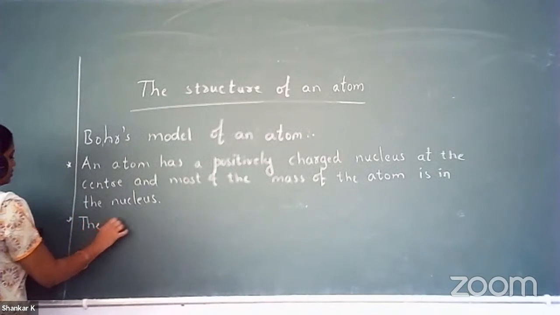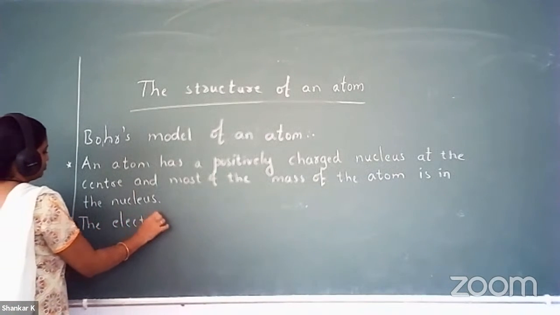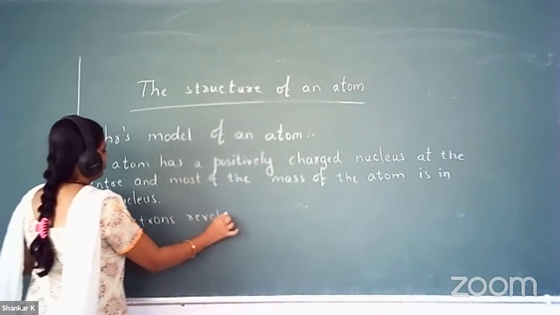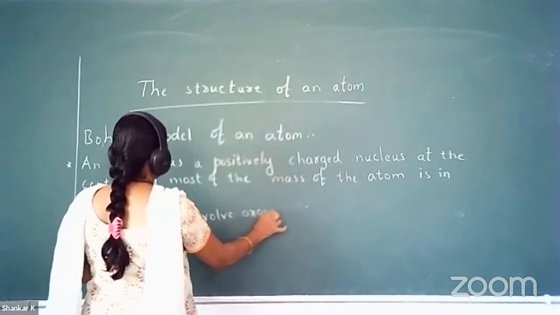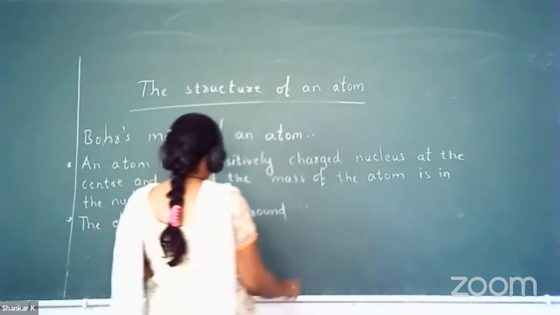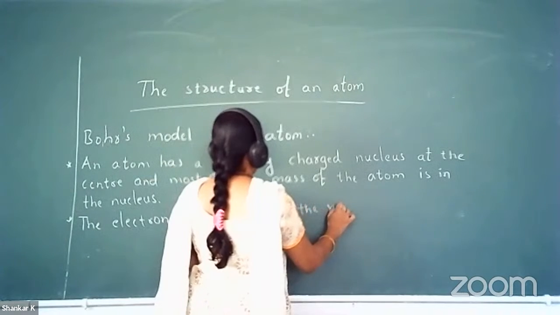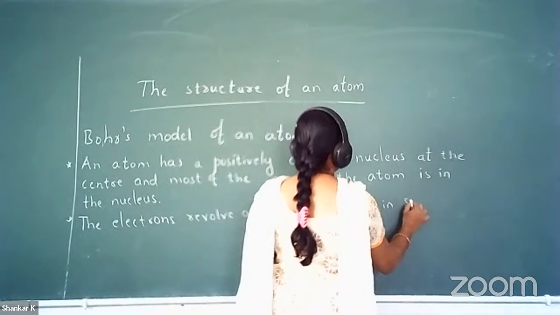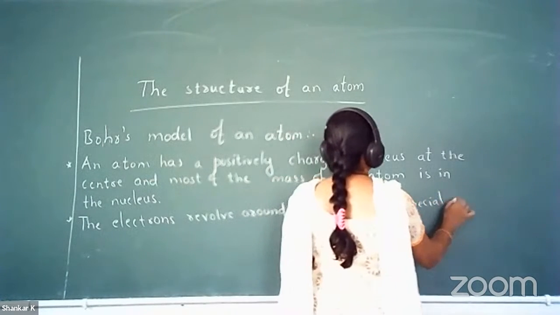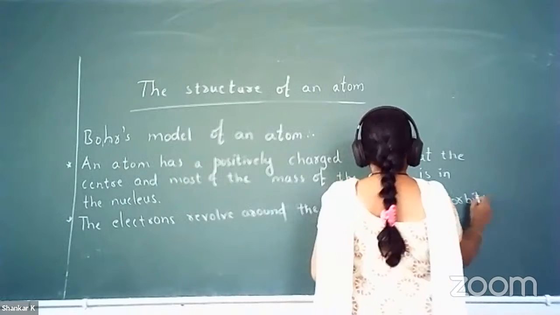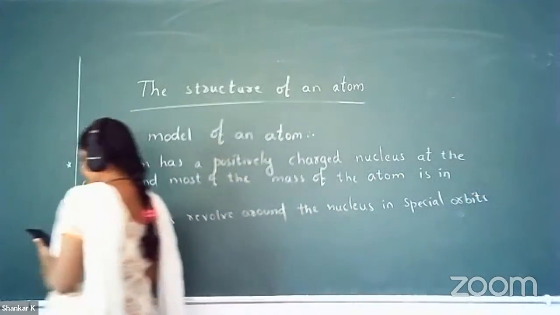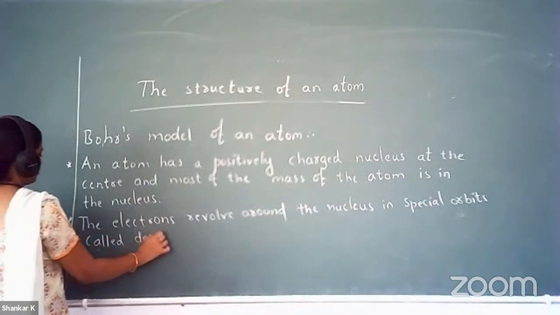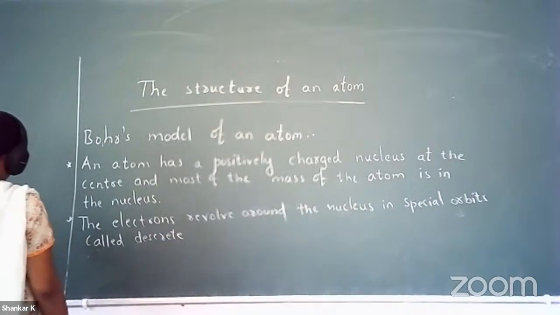The electrons revolve around the nucleus in special orbits called discrete orbits.